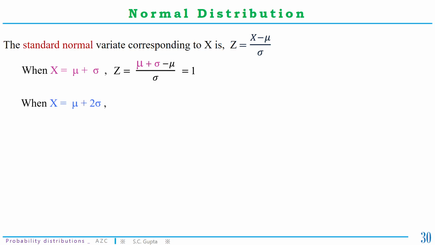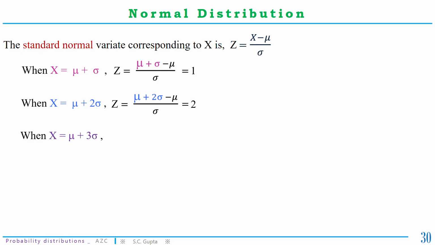Now, find the value of z when x moves from the center to 2 standard deviations on the positive side. Put x as mu plus 2 standard deviations in the equation of z. The z value is 2.